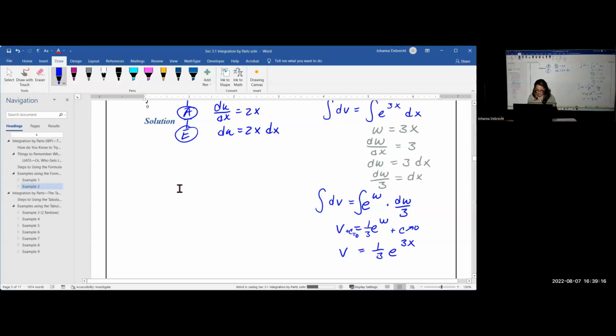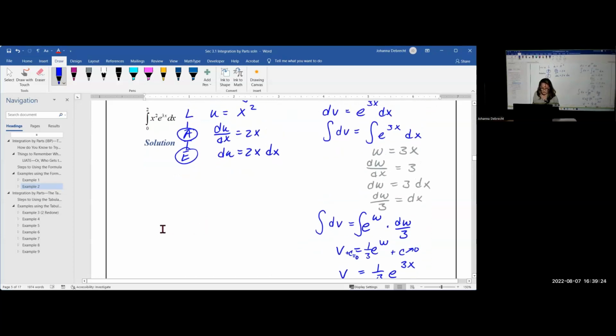Okay, now again, I said to keep in mind that when you do this process, and this is leading us ahead a little bit to the tabular method, we're going to take the upper left and multiply by the lower right, one row down technically. This is all one row, believe it or not. You start with dv and then you get v.